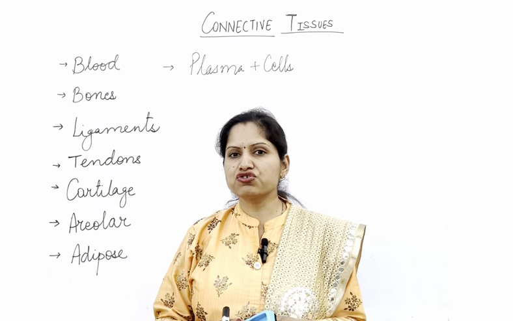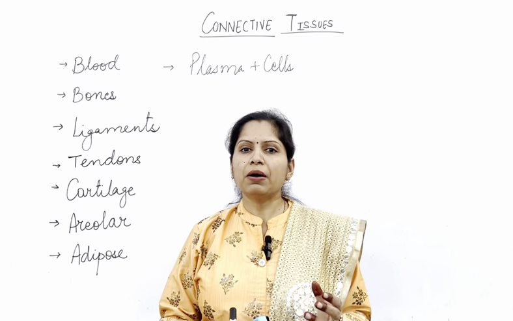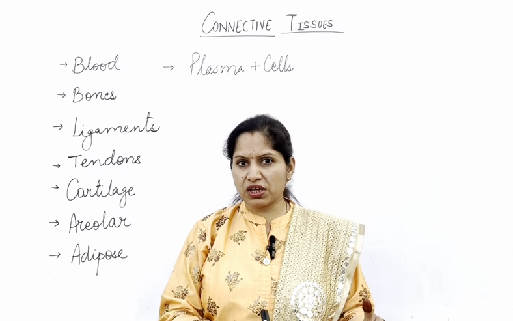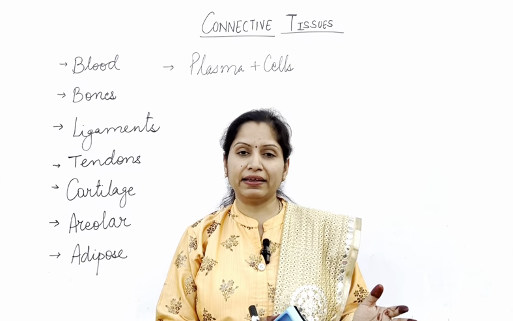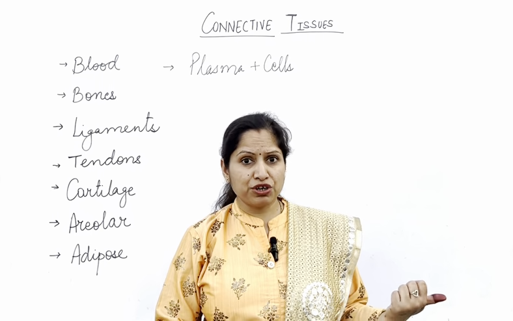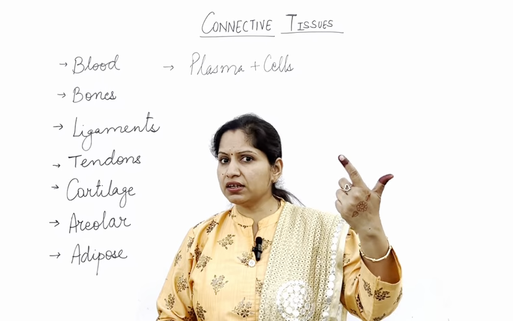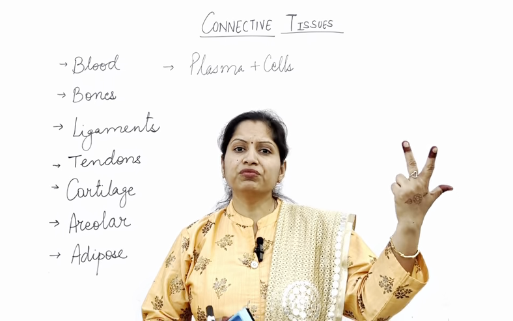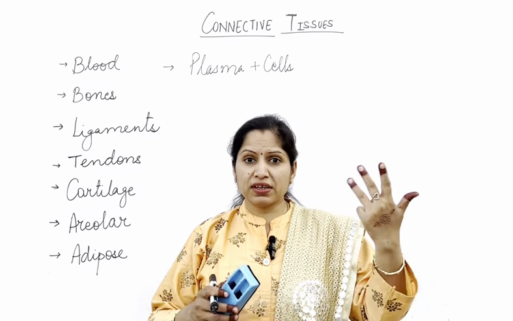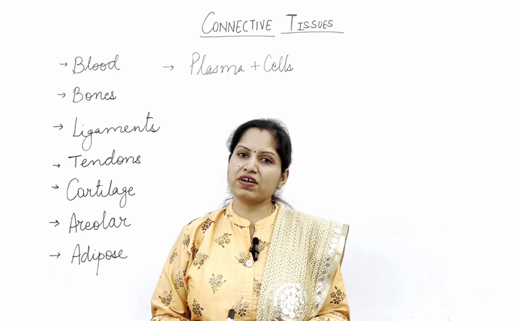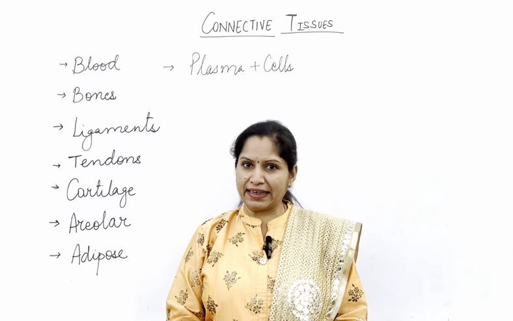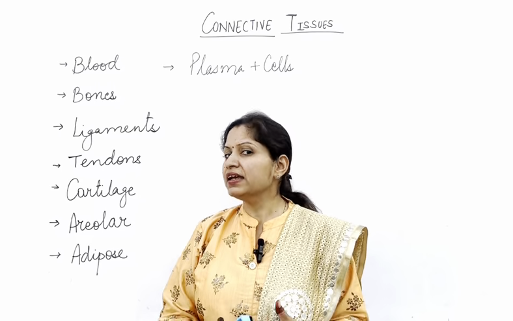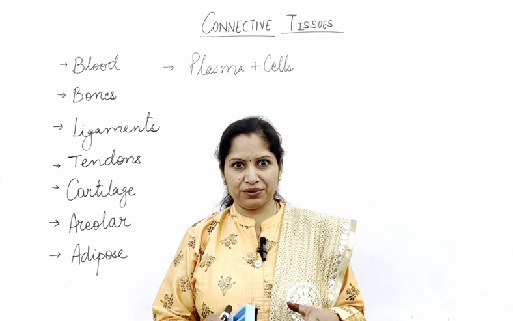Apart from that, whatever nitrogenous waste is produced in the body is also taken to the kidneys by the blood. So transportation of gases, waste material, digested food or nutrients, as well as the hormones, all happen through blood. That is a fluid connective tissue, in which the matrix is liquid.